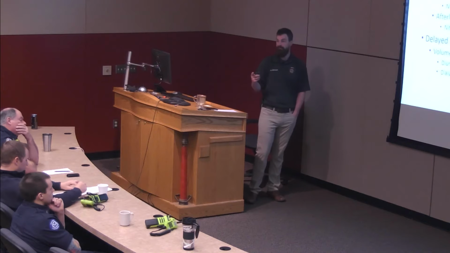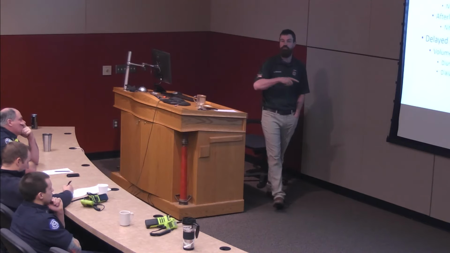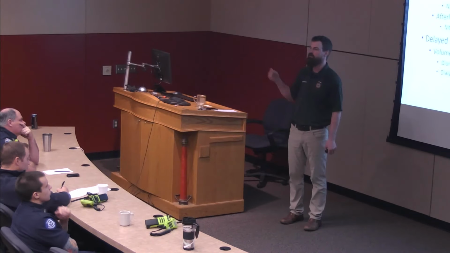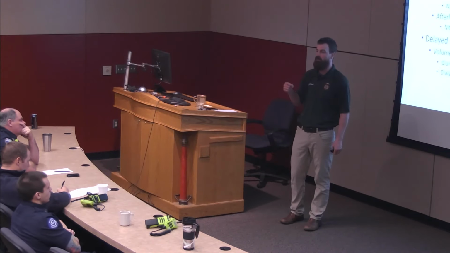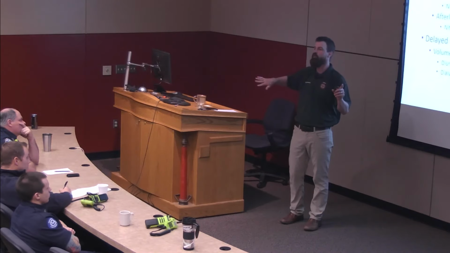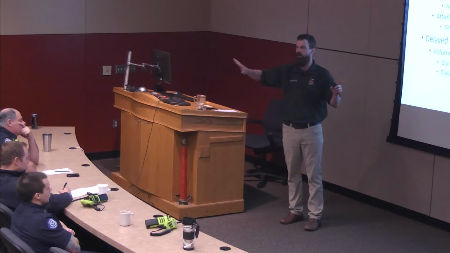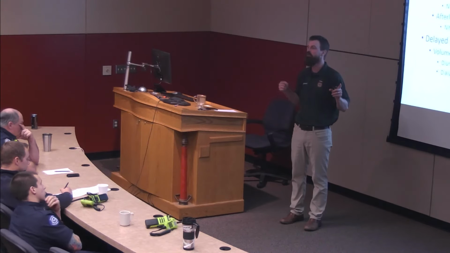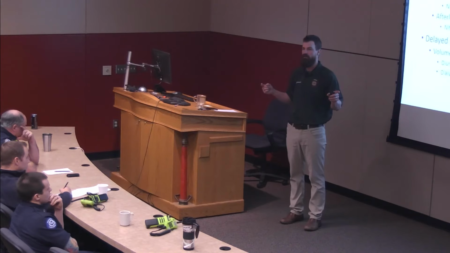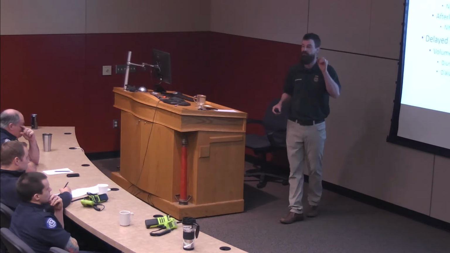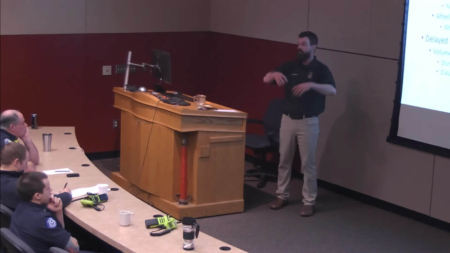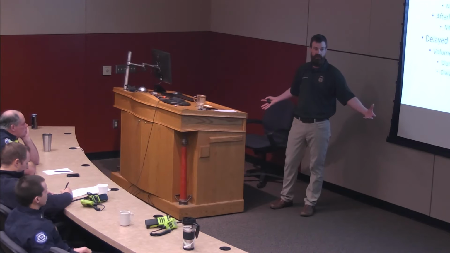Our immediate effect is to drop preload, right? If my problem is I got too much fluid coming in on the heart and I can't manage it, well then I got to redistribute that fluid to other places so it's not hitting the right side of my heart. So I do preload reduction, okay? I can do preload reduction very quickly with nitrates because I get a big vasodilatory effect, right?